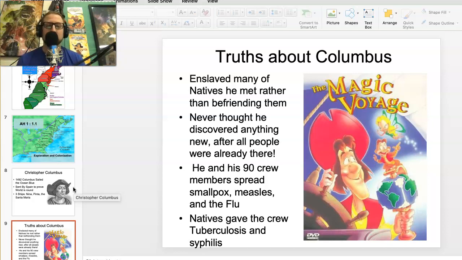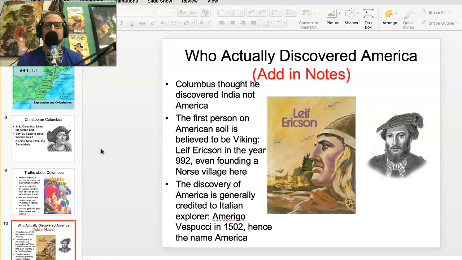Some of the first biological warfare was Columbus selling, in the Columbian Exchange, blankets that had smallpox in order to wipe out the Indian population and seize their land. That would also be used by other European colonists as time would pass. It was the first form of biological warfare. Tuberculosis was spread, as well as syphilis.